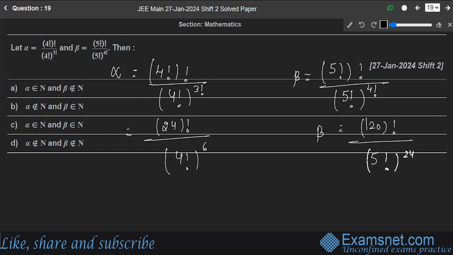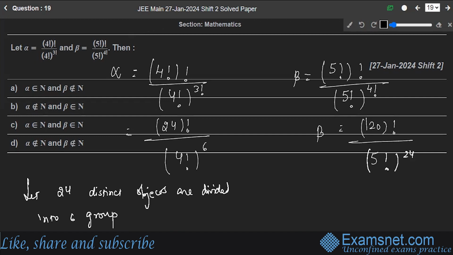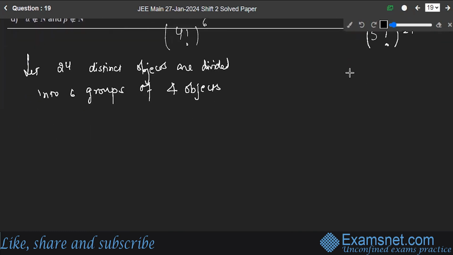Now, let 24 distinct objects are divided into 6 groups of 4 objects in each group.